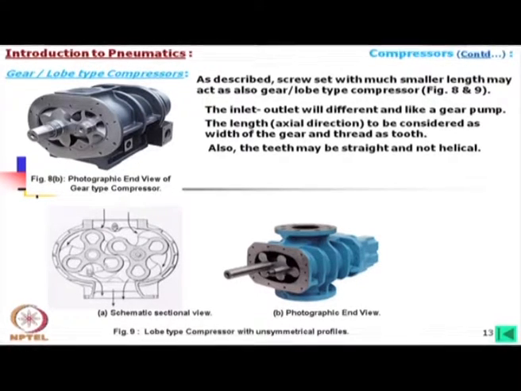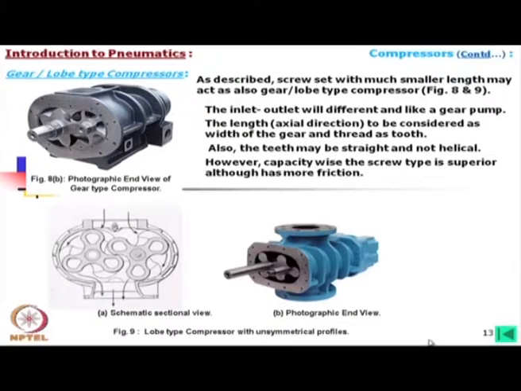Here of course, it is showing as if it is helical, it might be straight also. In this lobe there is no space within the lobe, but here this space is given. It might be used for cooling purpose also. However, capacity wise the screw type is superior, although it has more friction.